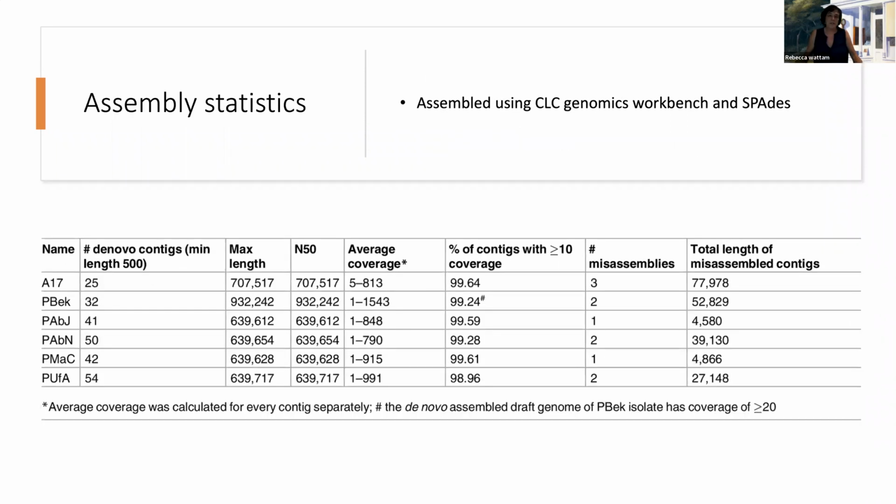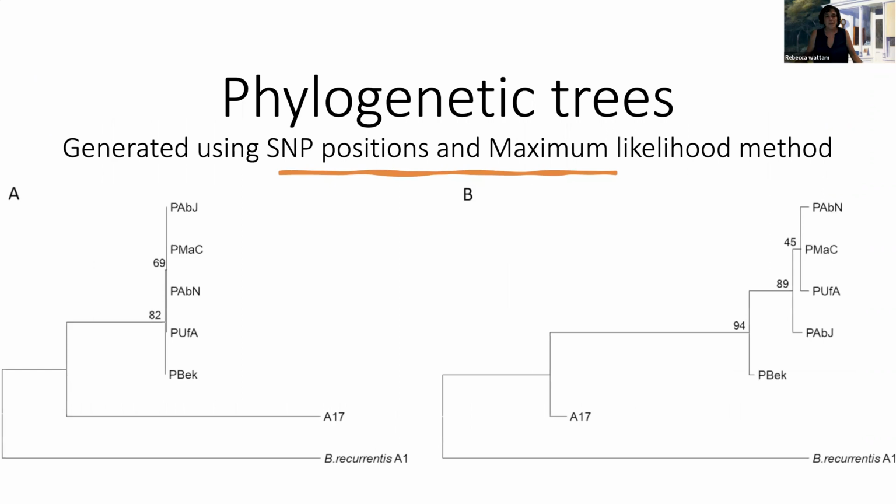They also assembled the genomes, and they did those using the CLC Genomics Workbench and SPAdes. Strangely enough, even though I know they assembled them, they don't seem to have put them in GenBank. They have the reads in SRA, but the genomes themselves are not in GenBank. And they generated phylogenetic trees using SNP and maximum likelihood trees.